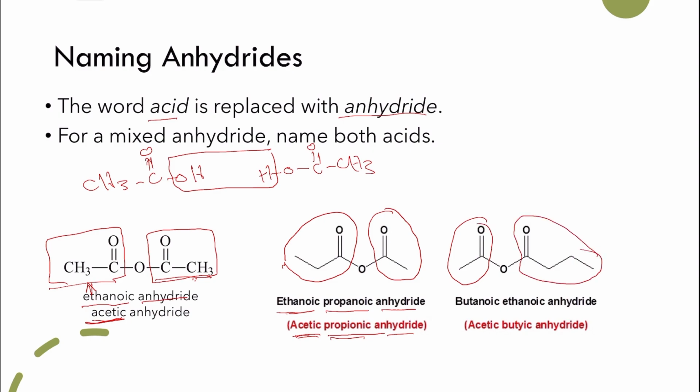This is 4 carbons, so it's going to be butanoic ethanoic anhydride. We started with butanoic because it's B, and then ethanoic, because we have to arrange them in alphabetical order. To say it with the common names, it's acetic butyric anhydride. This one is called butyric acid, and this is called acetic acid. So this is going to be acetic butyric anhydride.